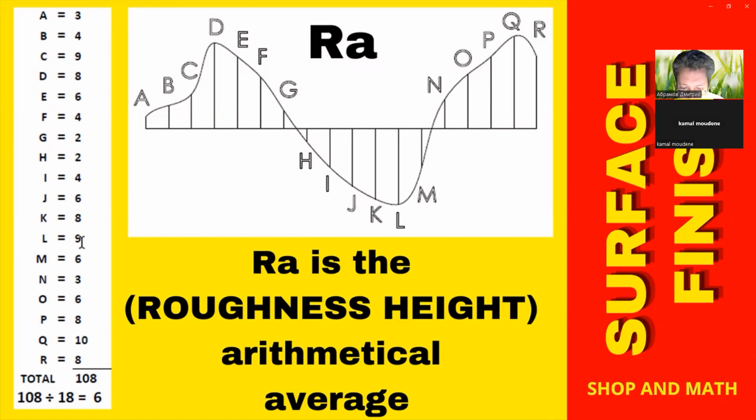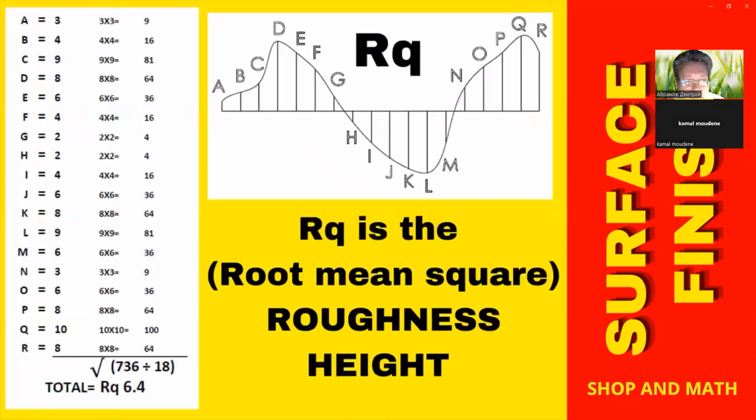To help clarify things, Ra, Rq, and Rz is just a setting that you're going to be using on the surface roughness tester, and it will do the equation for you. Rq is the root mean square roughness height. Just like on the Ra, we have 18 lengths.